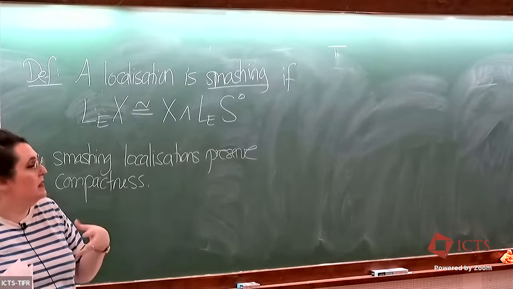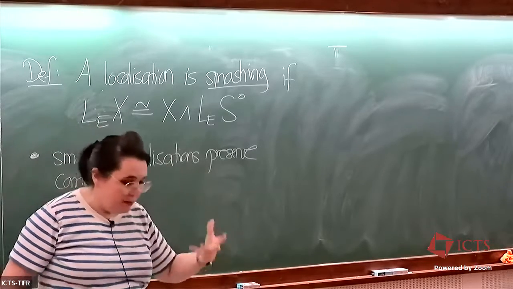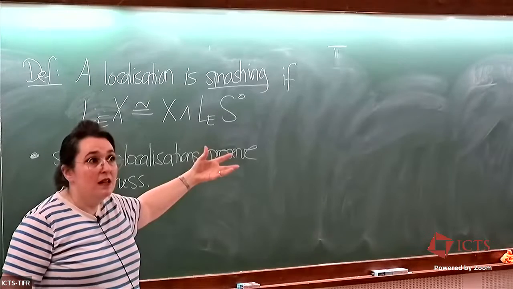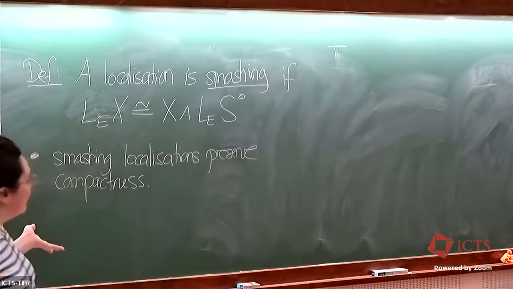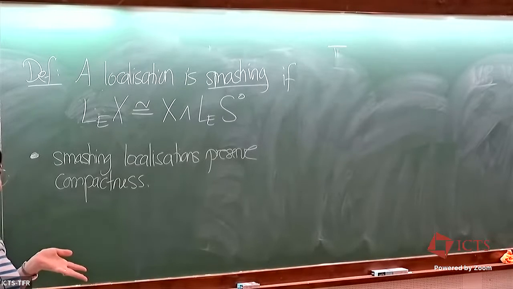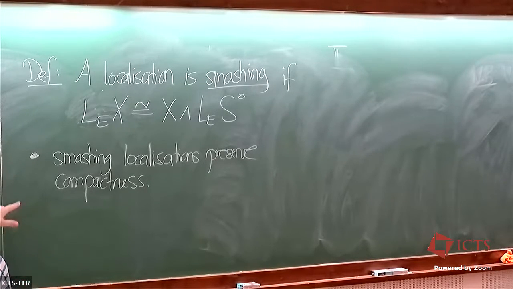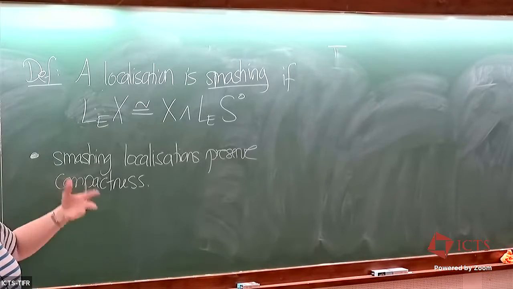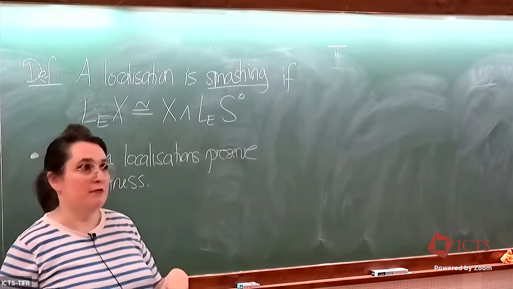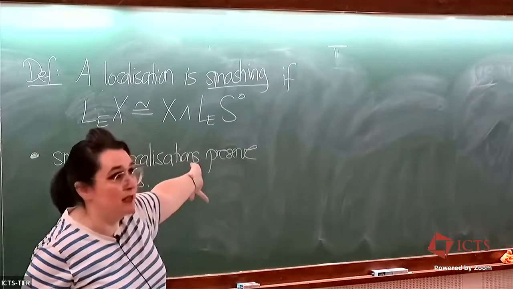Therefore, you can build the entire stable homotopy category from cell objects from the sphere. When you localize, it's not clear that you still can. It has to be smashing for you to still be able to say, oh, in the E-local stable homotopy category, I can just build everything from the E-local sphere.